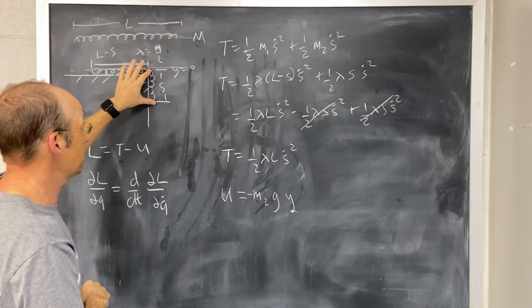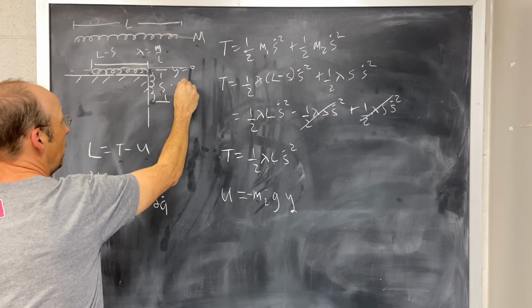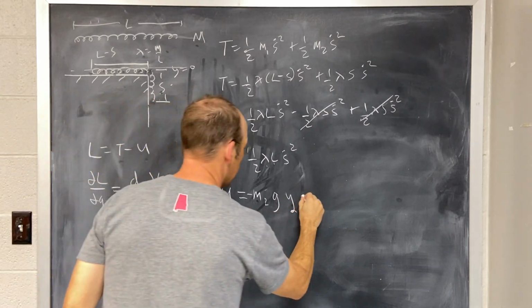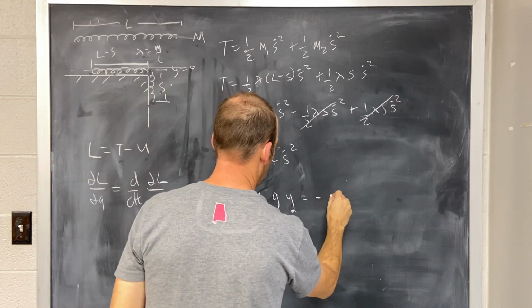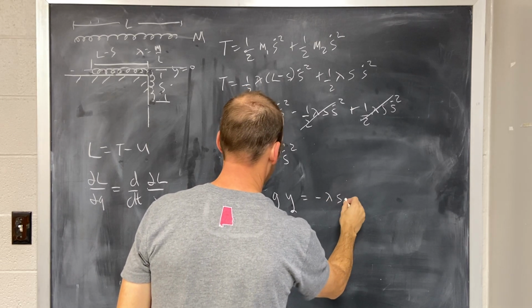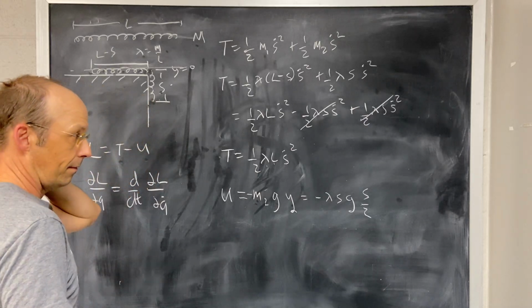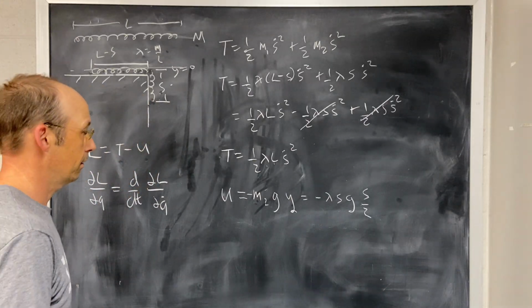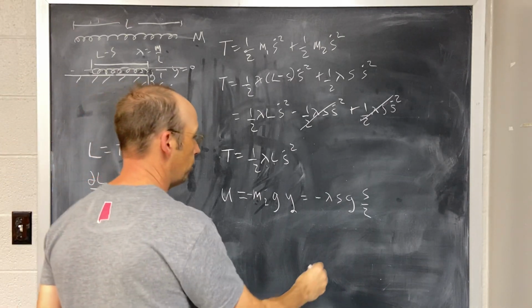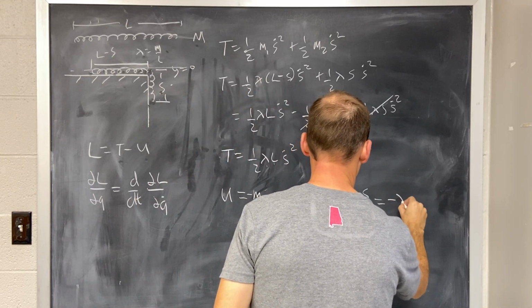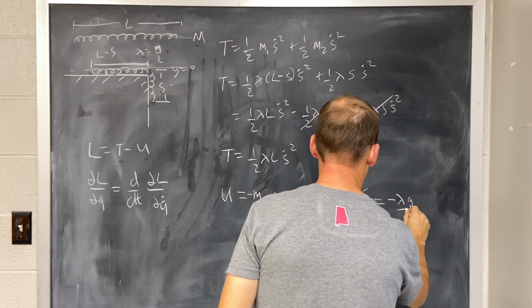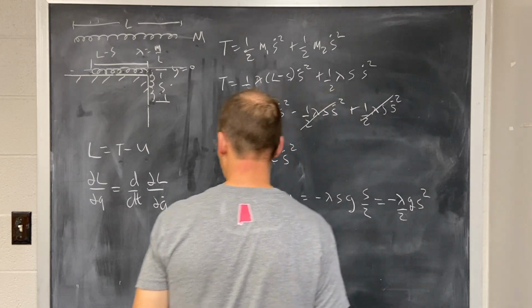It's not s. The center of mass of that piece is going to be s over 2. So it's going to be the mass, which is negative lambda times s times g times s over 2. I just did s, and that's where I made a mistake. So this is going to be equal to negative lambda g over 2 s squared.